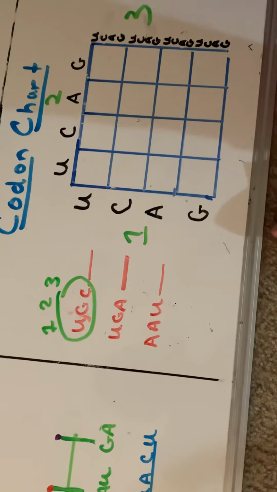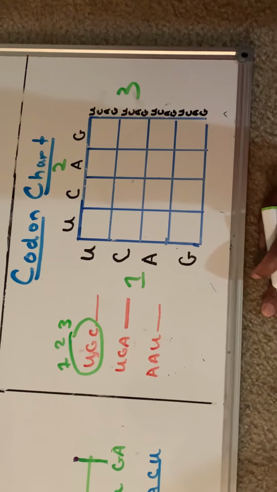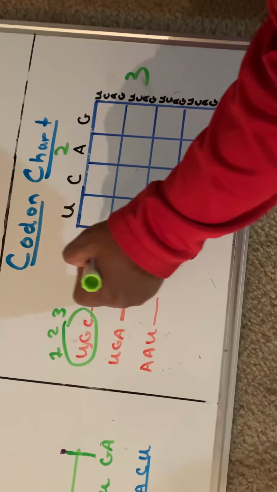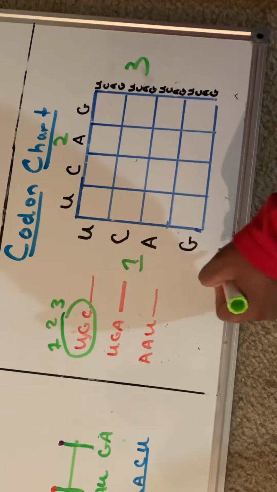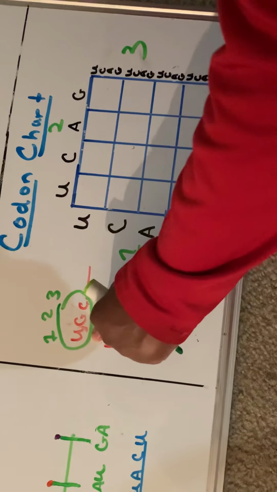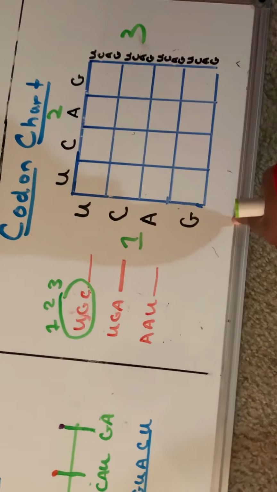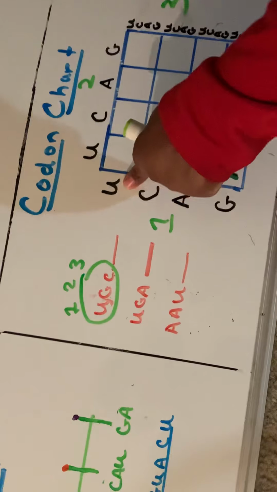So your first nitrogenous base, you'll find that along side number 1. So our first nitrogenous base is uracil or U. So we look at side number 1 and find U.